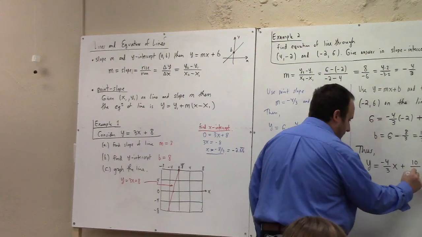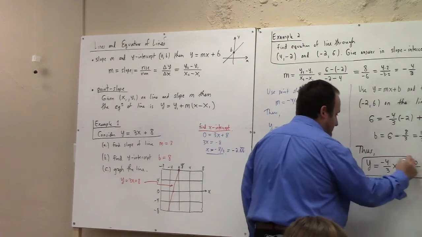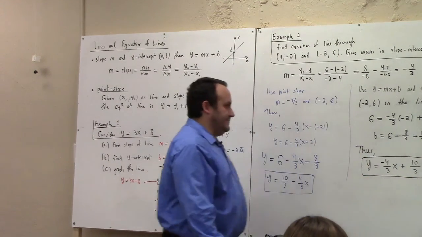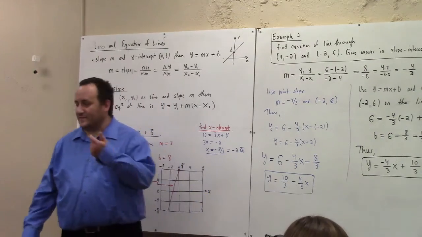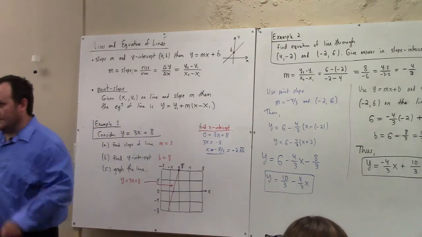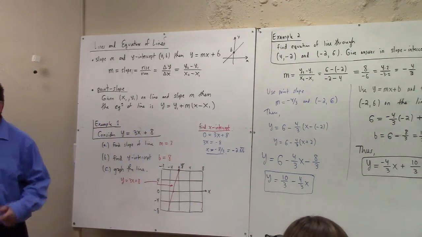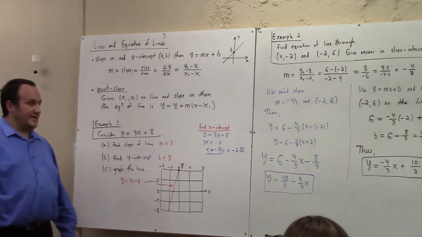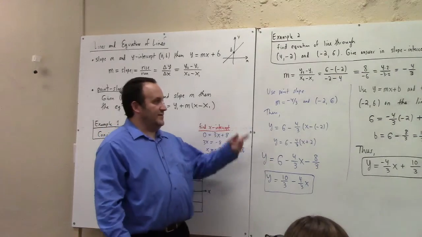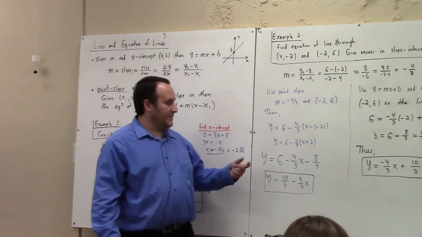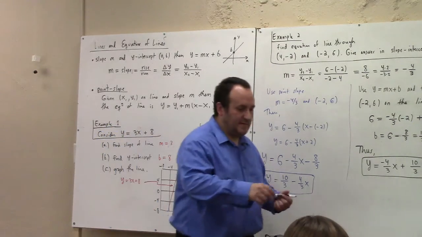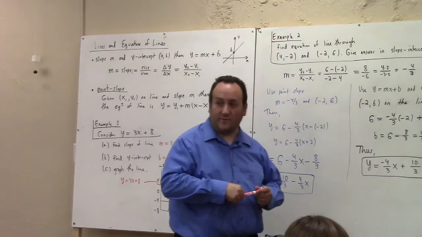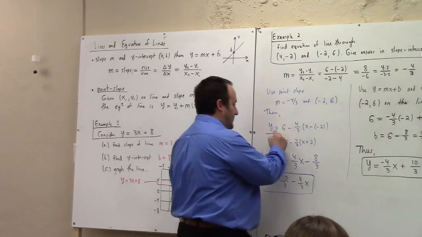Now which way is easier? I mean, personally, I think they're just about the same, honestly. If you're not burdened with the instructions of leaving your answer in slope-intercept form, the blue way is easier, because if you don't have to put your answer into slope-intercept form, you could actually say, I'm done right here, right?